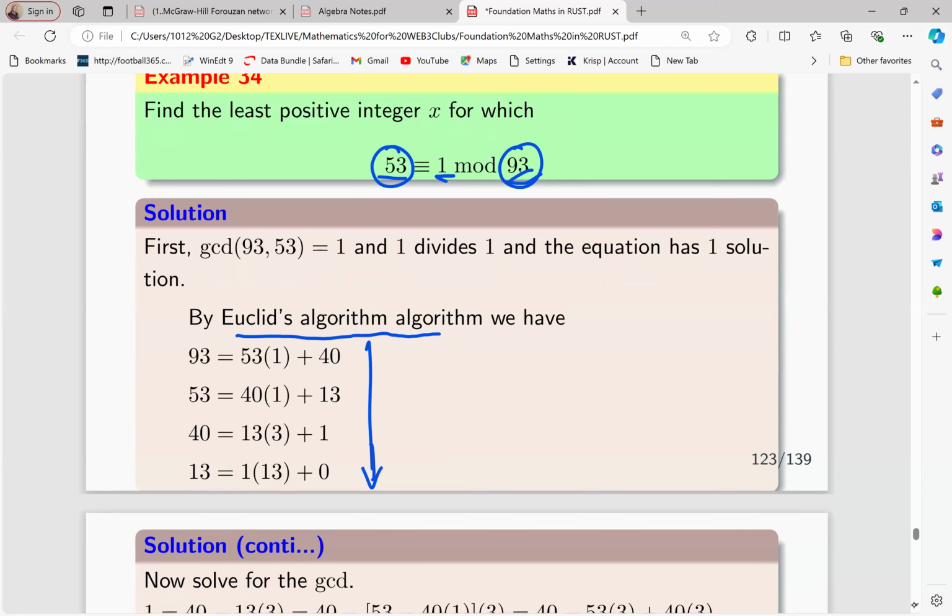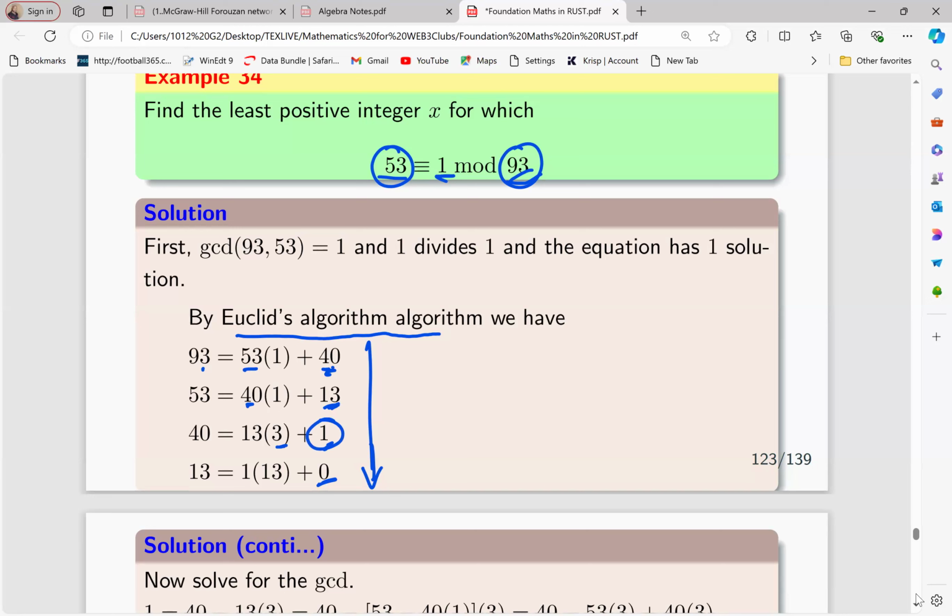Of course, we are asking ourselves 53 into that, what is the remainder? To go there once, the remainder will be 14. What about 14 into this 53? It goes once and the remainder is 13. What about this 13 into 40? You go there 3 times and the remainder is 1. What about 1 into that 13? It goes 13 times, the remainder is 0. The GCD is 1.